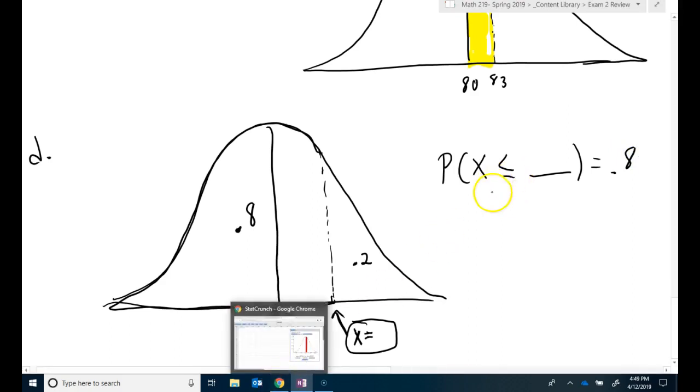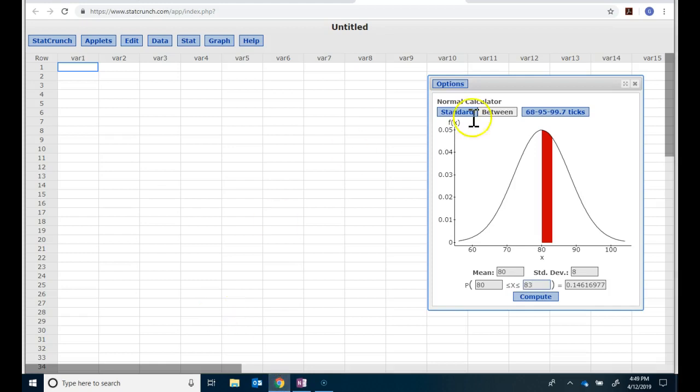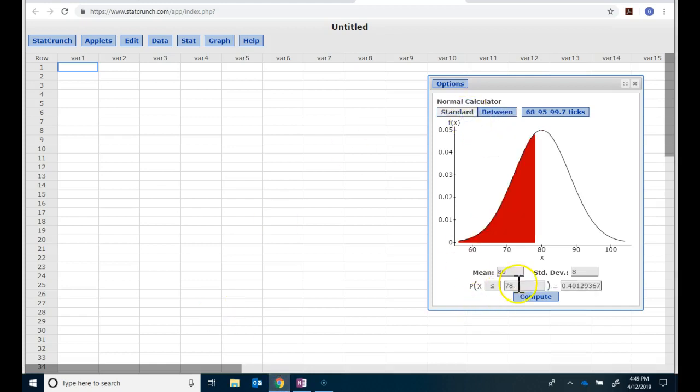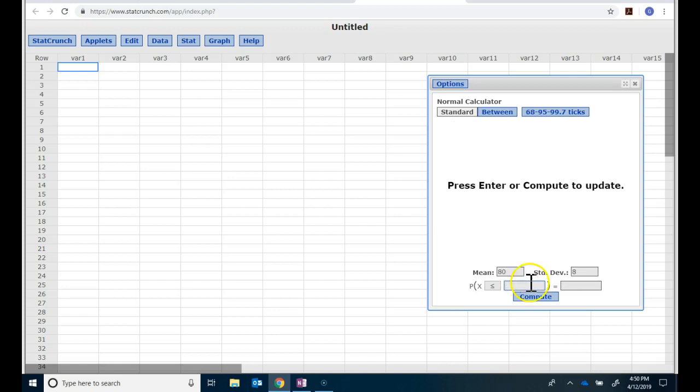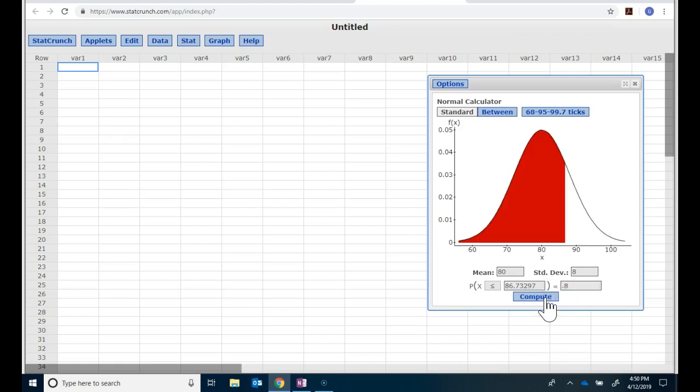And the reason I set it up like this is because that's what we're going to do instead of stat crunch. I'm going to go standard. 80 and 8, my mean and my standard deviation. Now x less than or equal to, and this is the thing, I don't know what that value is. But that's okay. What I do know is that this is 0.8. And I go in and compute. And that's 86.733.